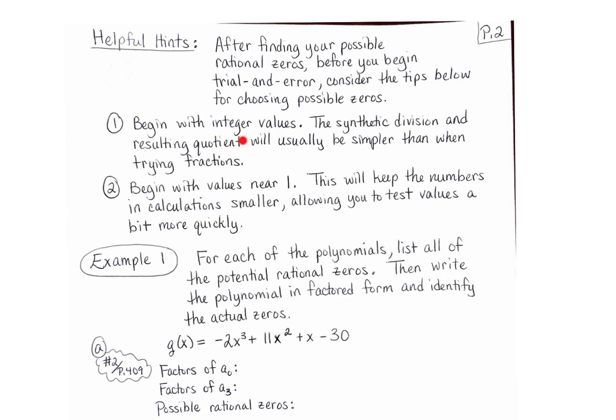So you want to begin with the integer values. The synthetic division and resulting quotient will usually be simpler than whenever you try fractions. Begin with values near 1. That will help keep the numbers in the calculation smaller, which will allow you to test values a bit more quickly, okay? So we're gonna go through a few examples.